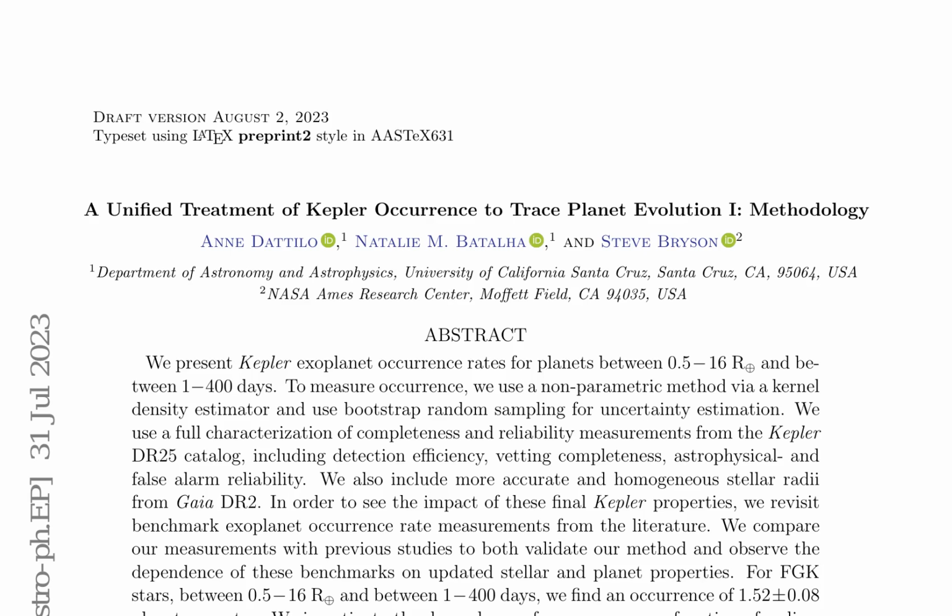The completeness model is composed of two parts: detection and vetting completeness. Detection completeness represents the fraction of true transiting planets that the Kepler pipeline could detect, while vetting completeness represents the fraction of true transiting planets classified as planet candidates by the vetting pipeline.